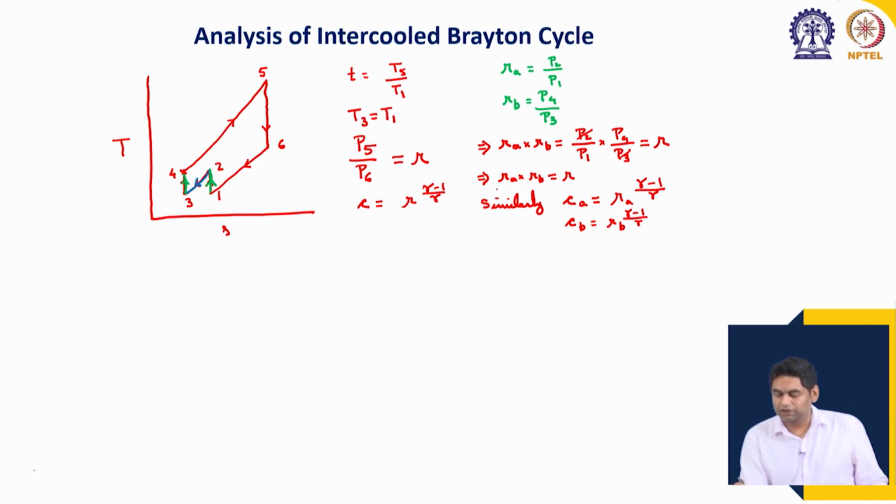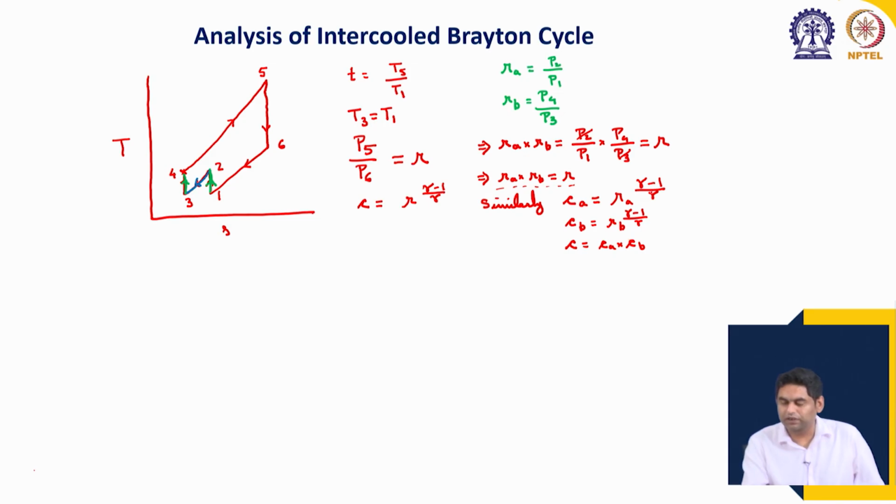So, from this relation which we have derived, we can also obtain that overall ratio C is equal to C A multiplied by C B. This is also a very useful relation, and this is again similar to that of the reheat cycle, but here again the ratios are for different quantities.